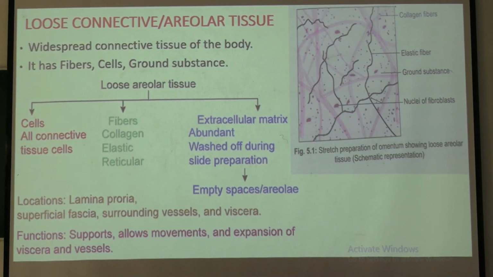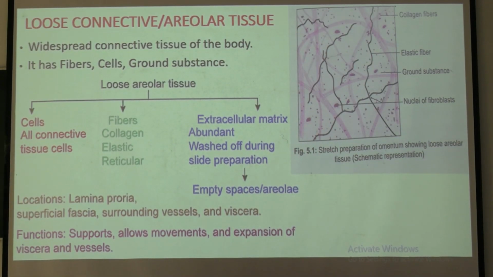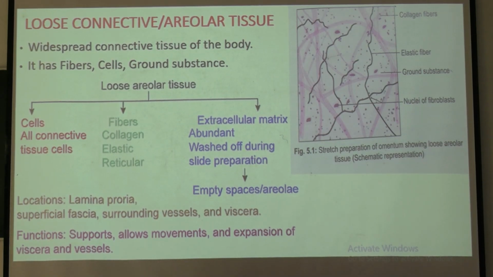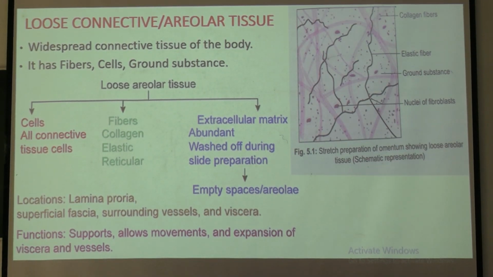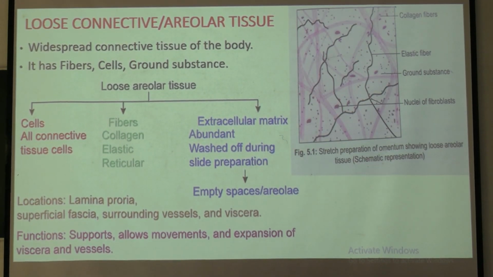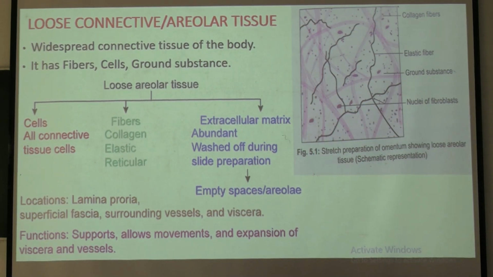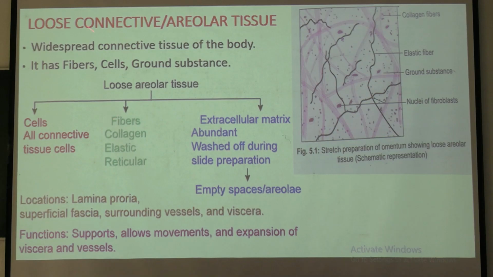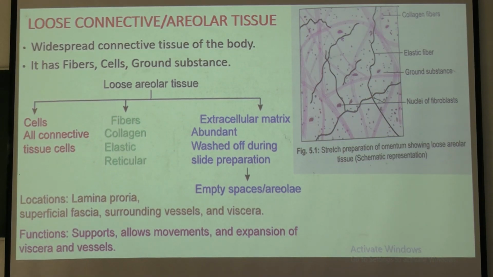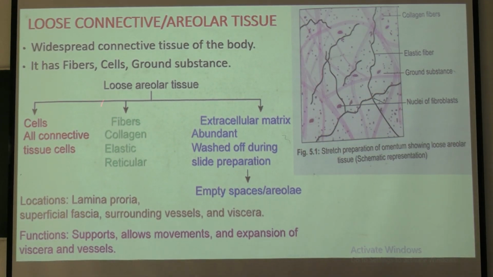So we have discussed the mucoid connective tissue and mesenchymal connective tissue, the embryonic connective tissues. Next, you will see the loose connective tissue or loose areolar connective tissue. This is the widespread connective tissue of the body. Most places you will get loose areolar connective tissue. It has fibers, cells and ground substance, same as other connective tissue.